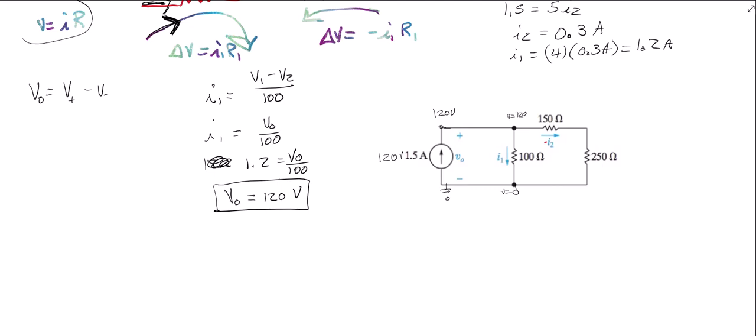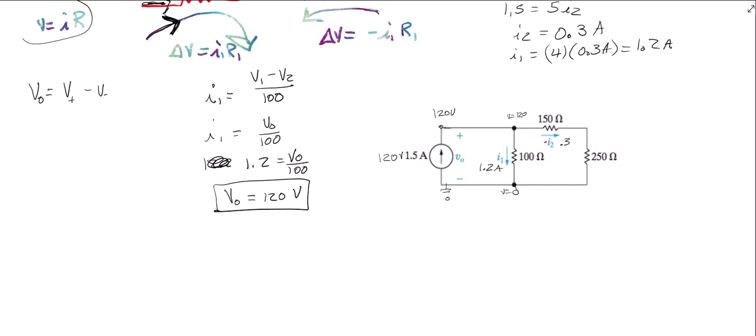We know that current I1 was 1.2 amps going down, and I2 was 0.3 amps going in that direction.